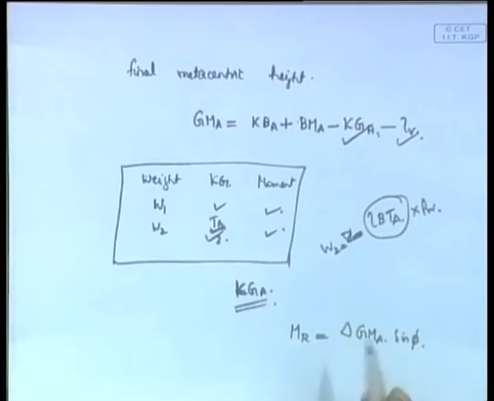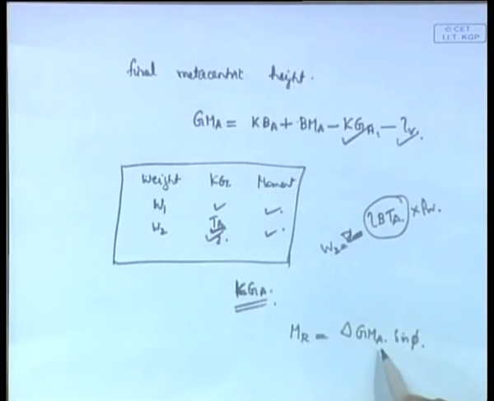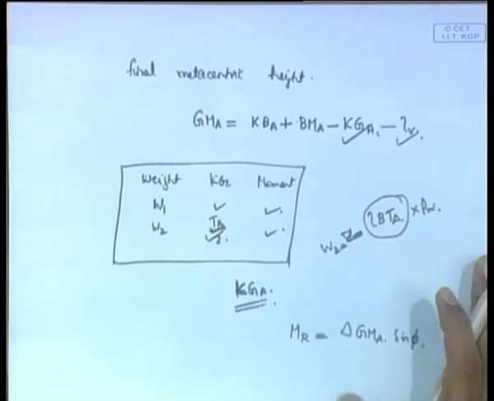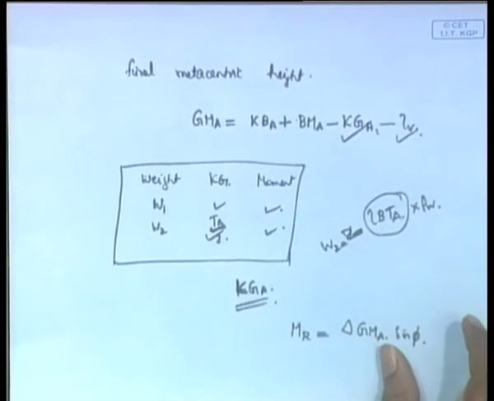In one case delta is the original weight of the ship, in the second method of added weight, delta is equal to weight of the ship plus the weight of water added. Now, if the product has to become the same Mr, Gm will be different for both the cases, as a result of which the product will become the same. So, that is the two methods of loss of buoyancy and added weight.